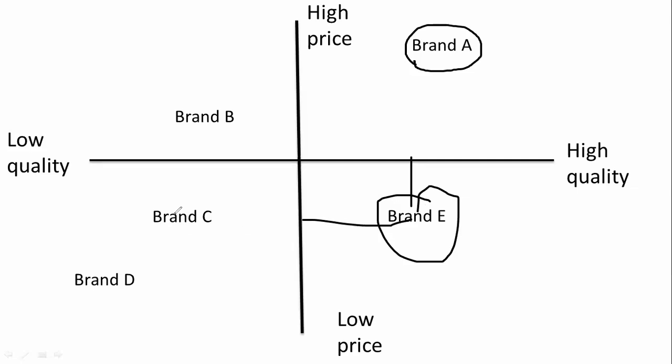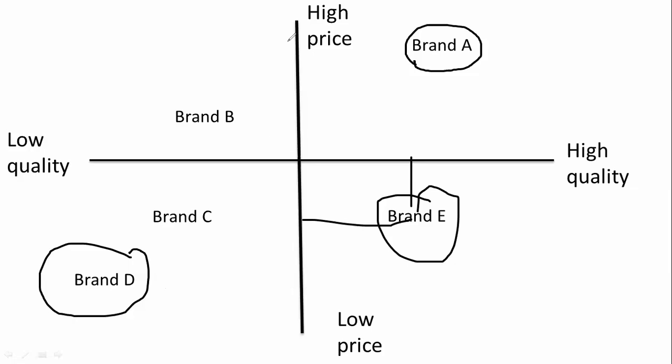And also, comparing to Spa Salon and most of the brands, the price is also low. So we can position the product like here, right? Quality is low and the price is low. So this is a perceptual mapping for a particular product regarding the brands, right?